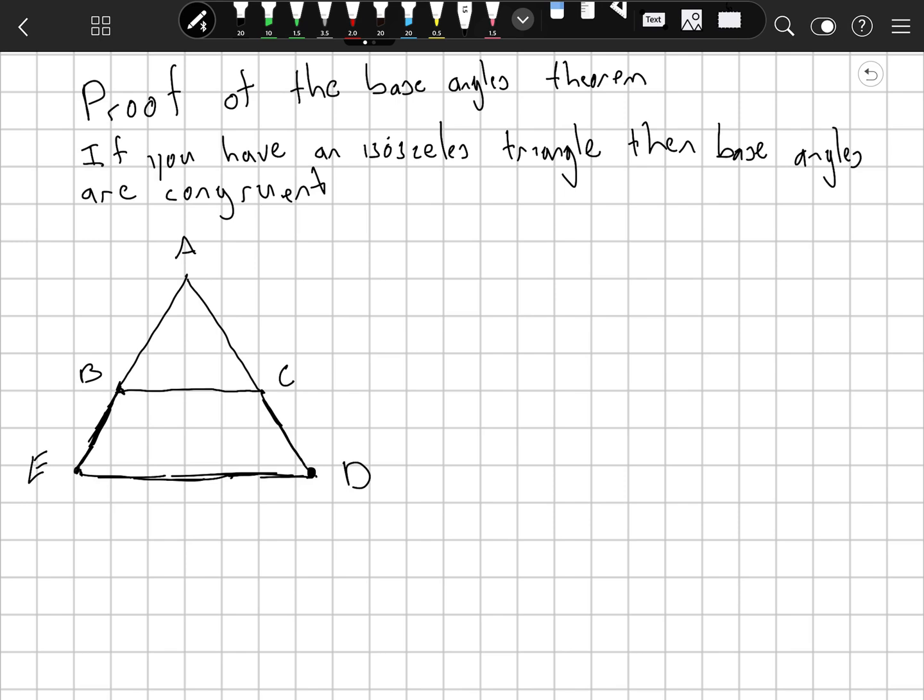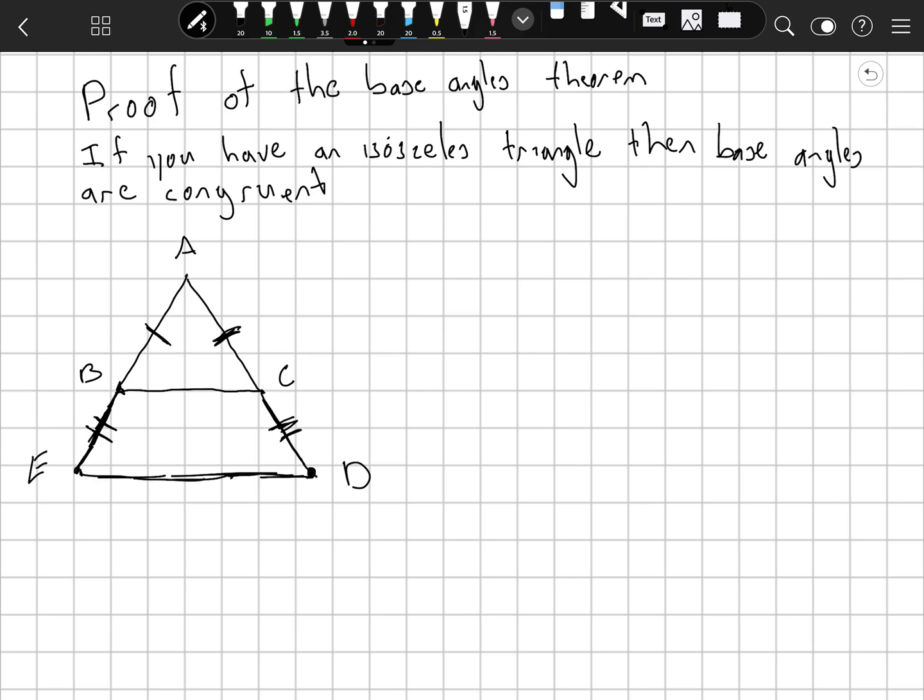Okay, now that we have that, let's put some of our information in here. We know, first of all, that AB and AC are congruent because it's an isosceles triangle. That's given information. And we know that BE is congruent to CD. Well, we just constructed that. So there's some information.